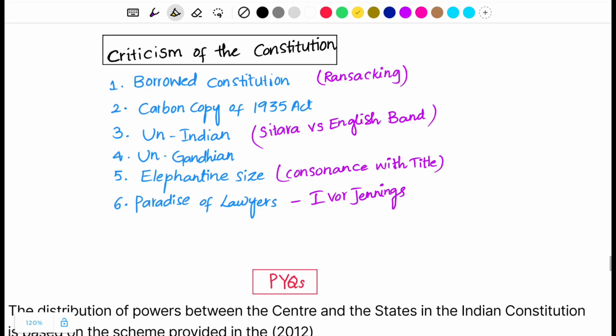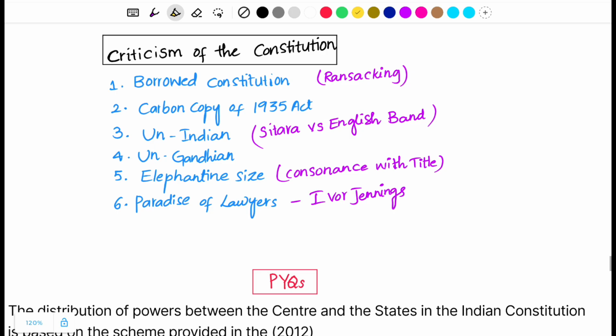It reminds me of the statement of the Constituent Assembly member K. Hanumanthaiya, who said that we wanted the music of Veena or Sitar, which is related to the Indian context. We wanted the music of Veena or Sitar, but here we have the music of an English band.